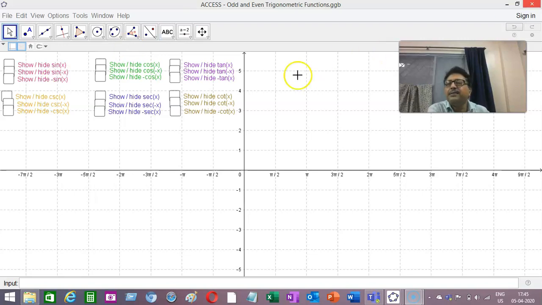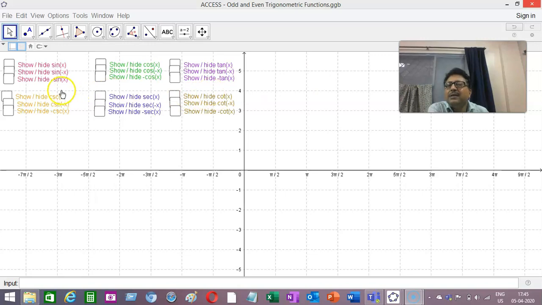All the graphs you can see in your book also. But here, in the same graph I can draw all together, I can compare, and I can tell you how to remember one trigonometric function if you know the other, provided the angles taken are complementary.